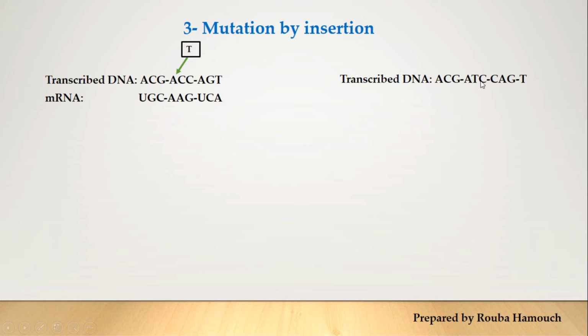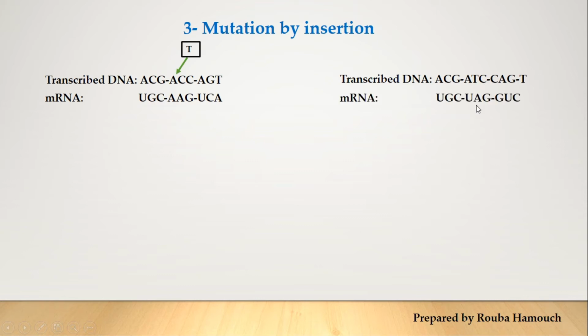So now this nucleotide C will be displaced forward. T is inserted between A and C. Now we have a codon formed with A, T, C. The third C will pass to the next codon, and the next codon becomes CAG, and this T remains alone.